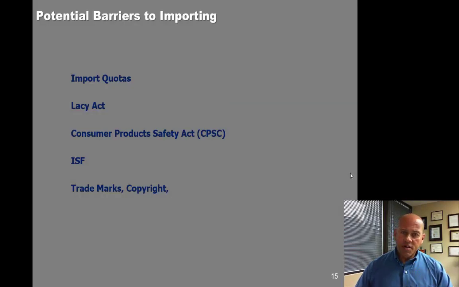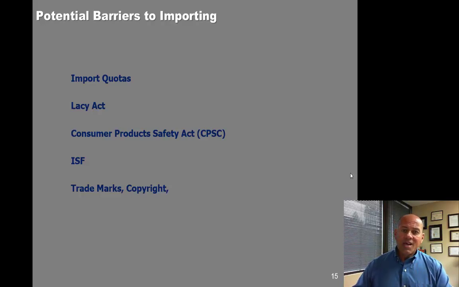Potential barriers to importing. So some of these barriers are things that you really can't change, you really can't eliminate or avoid, but if your product is subject to these, you have to have a strategy to make sure it's included as part of your cost of doing business. So you might have items subject to import quotas.